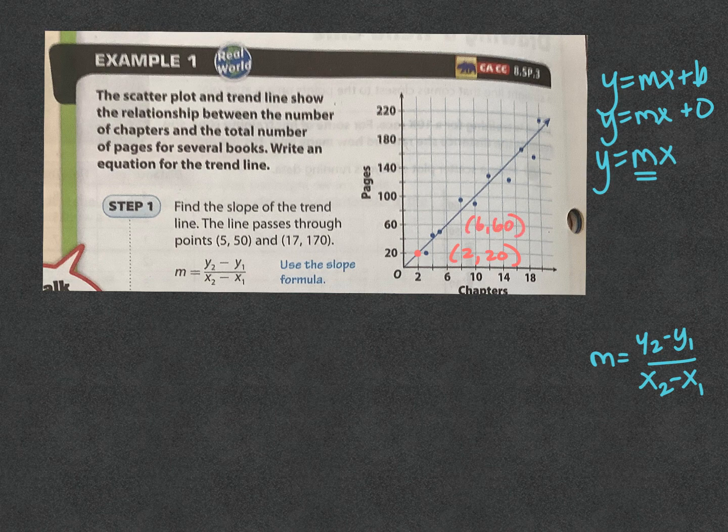So one way to do this is to simply find how much I rise to get to that second dot, and how much I run to get to that second dot, paying attention to how much these are increasing by. From here to here, these are counting by 20, so I rise by 40.